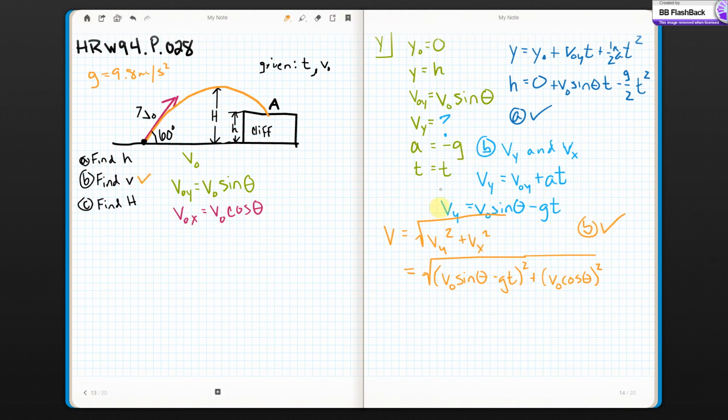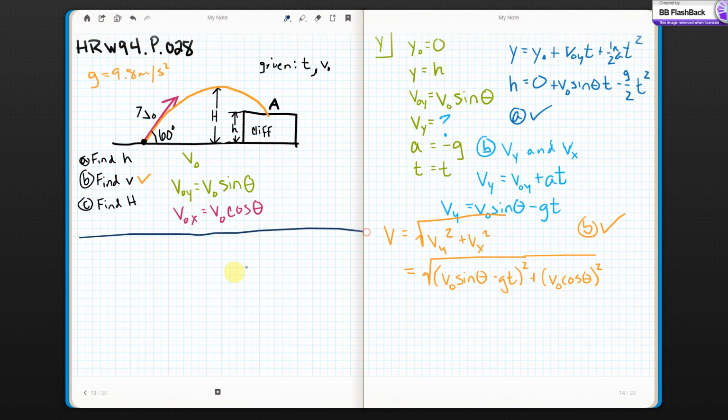Okay, last one, find h, where h is the maximum height the projectile reaches. That is another y thing, but we have to use different numbers than the stuff in green here because this is a different problem. It's ending at a different place. So this is kind of like a new problem. Let's cordon this off a little bit.